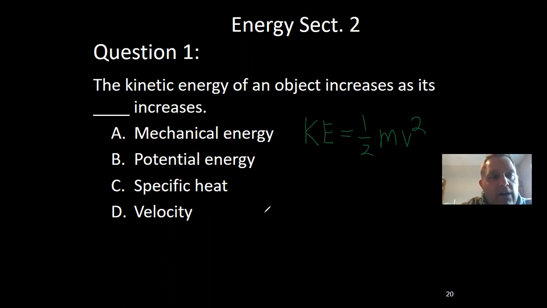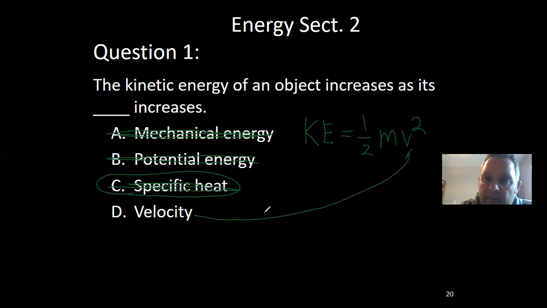Well, that would cancel out mechanical energy and potential energy. And we really have never talked about specific heat yet. So our only answer is velocity. And that makes sense because velocity is in the equation.